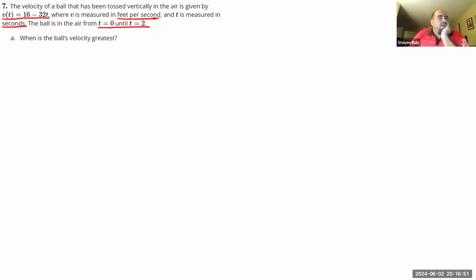So when is the ball's velocity greatest? A few ways to look at this, algebraically and graphically. If I know that my function looks like this, velocity equals 16 minus 32t, and we know that 0 is less than or equal to t, which is less than or equal to 2, then as time goes on, our velocity is going to be constantly decreasing.